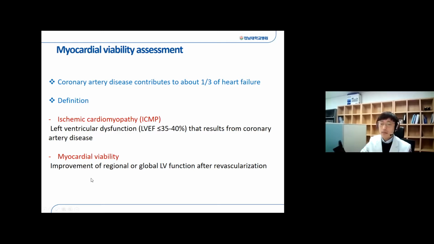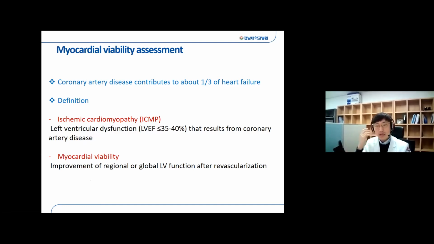And please remember that myocardial viability is not a biological term, but a technical term. It is not about the actual presence of histologically viable myocardial cells in the myocardial infarct zone.